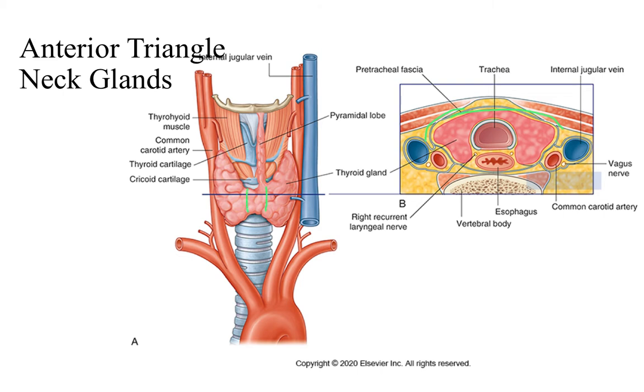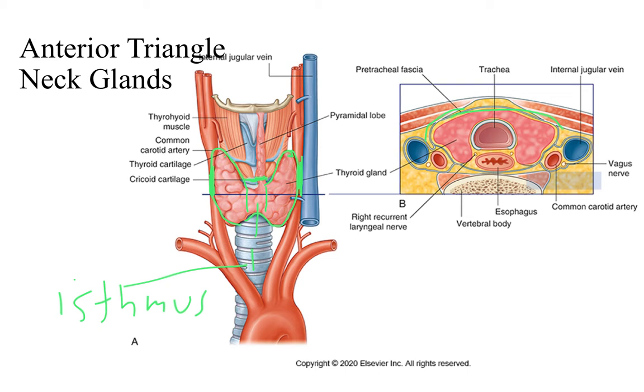So this part right here is what we call the isthmus, joining the two lobes of the thyroid gland that have a butterfly shape that wrap around either side of the trachea here, just underneath the cricoid cartilage, and the superior borders of the lobes touching the lateral portion of the thyroid cartilage. All right. Also notice that the thyroid gland is just medial to the common carotid arteries right here.